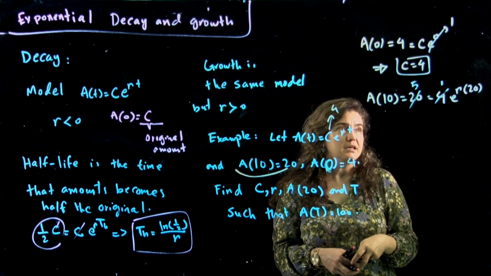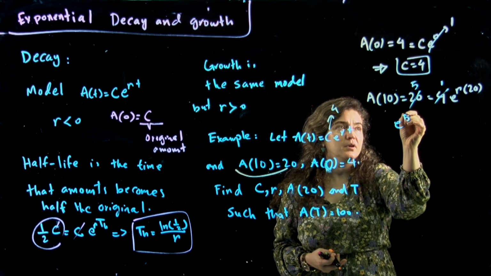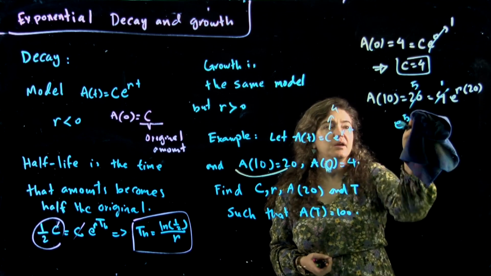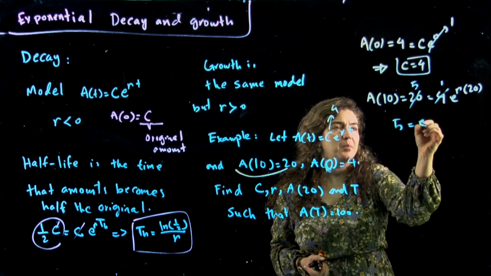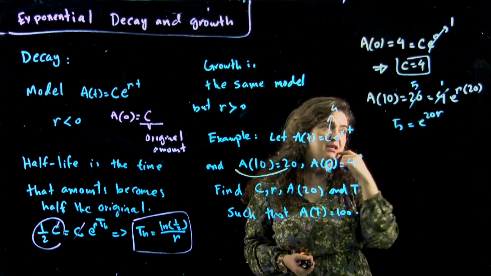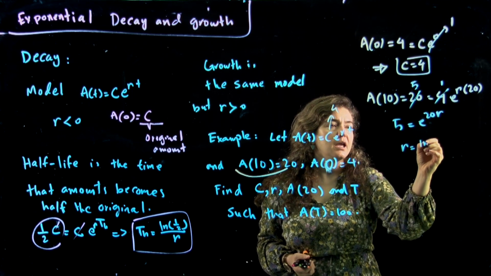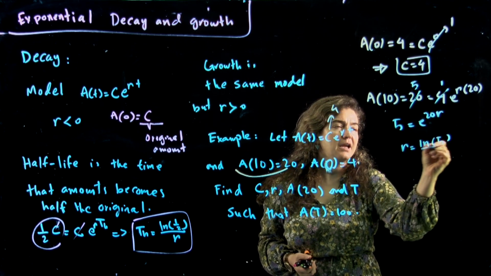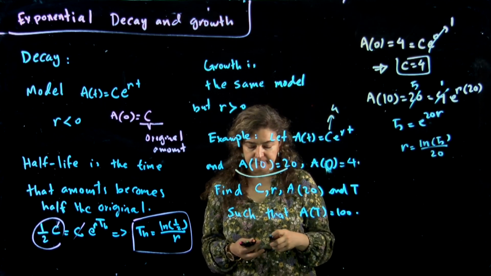So I get 5 equal to e to the power 10r. Take the ln of both sides, divide by 10, and you get r equal to ln 5 divided by 10.